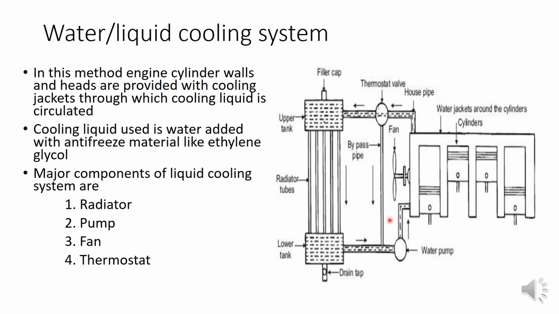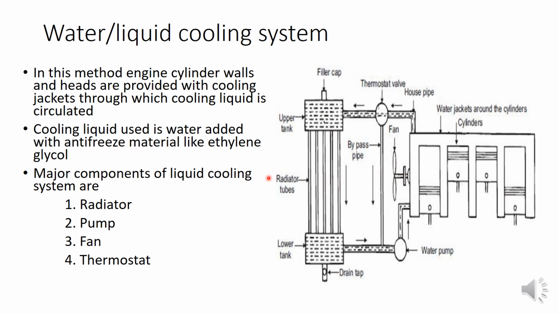Now if we want to use that water again, we have to reduce the temperature to the cold water temperature. For that, we have to pass it through the radiator. So in the radiator, this hot water transfers heat to the air.